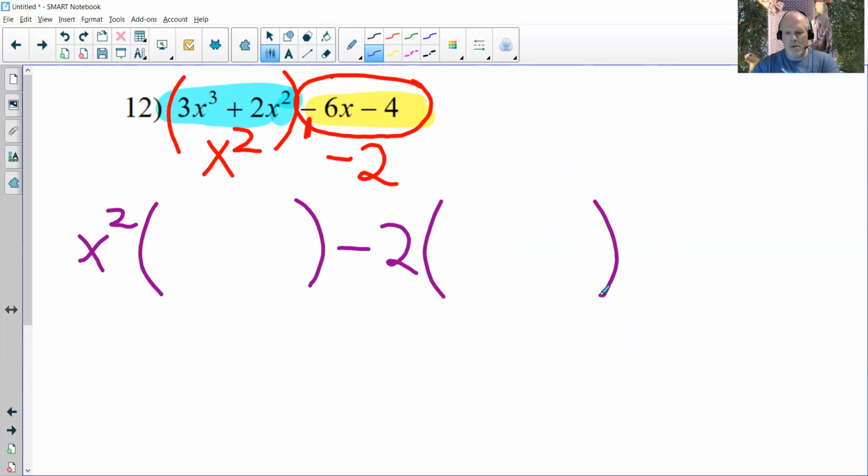Okay, so x squared times what equals 3x cubed? That would be 3x. X squared times what equals 2x squared? That would be 2.